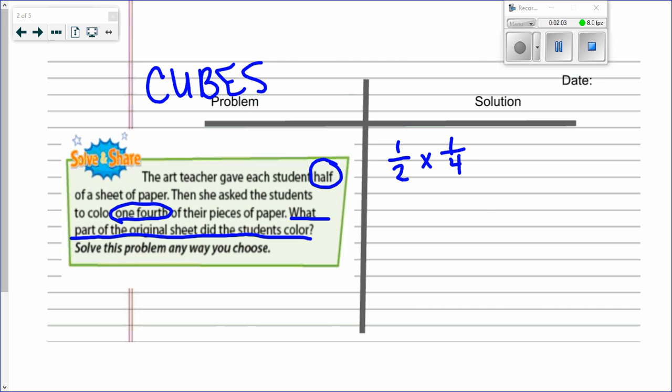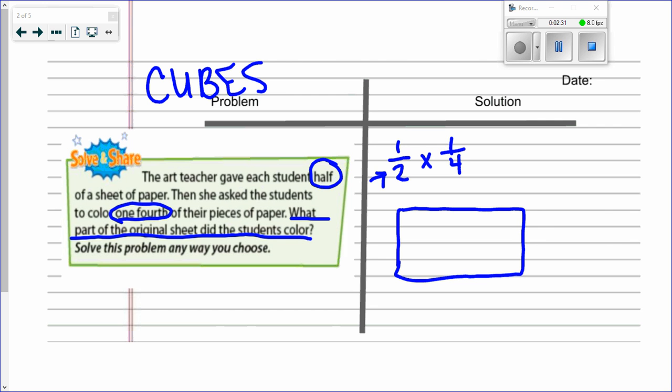But the focus of this lesson is to use models to multiply two fractions. So I'm going to show you how that works, and it's actually pretty fun. The first thing you want to do when we're determining what type of model we're going to draw is look at our denominator. So I'm going to draw a rectangle for my model.